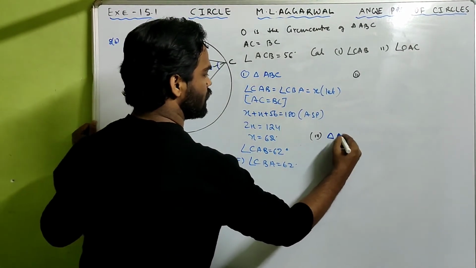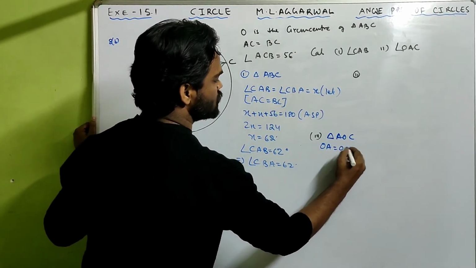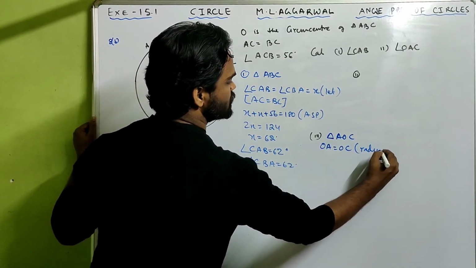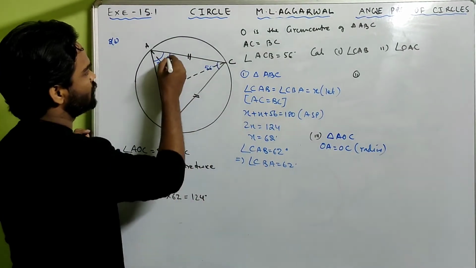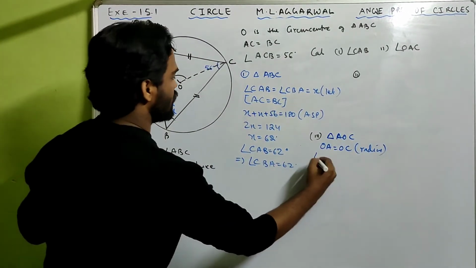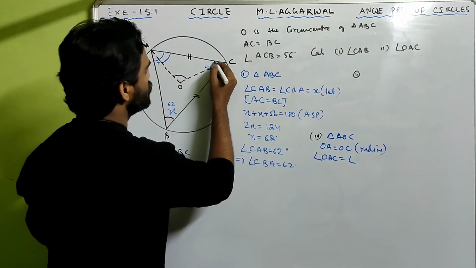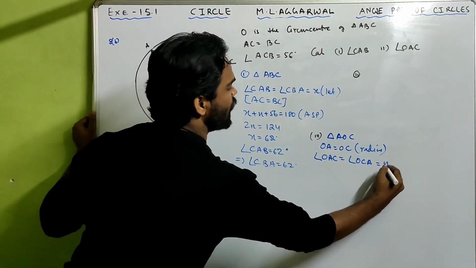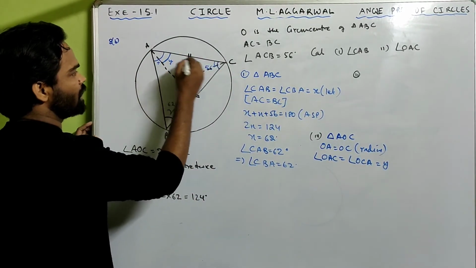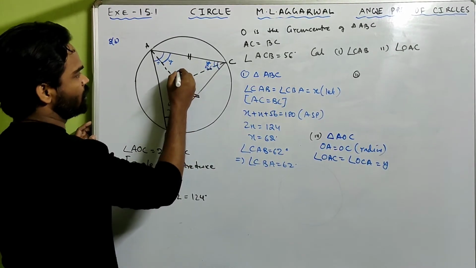Triangle AOC. OA equals to OC, that's the radius, which means it's an isosceles triangle. If it's an isosceles triangle, this angle OAC will be equal to this angle OCA, suppose Y, then Y, and this is given as 124.